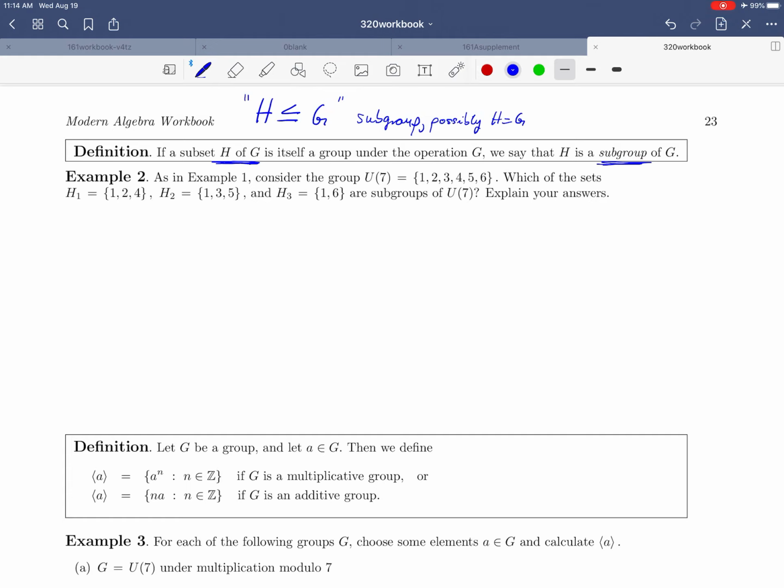That's why the less or equal is there. And if we want a proper subgroup, we use H with just a less than sign for G, so that here H can't be equal to G itself. It's definitely a smaller subgroup of G. But we are using the less or equal sign to denote that H is not just a subset, but it's actually a subgroup.